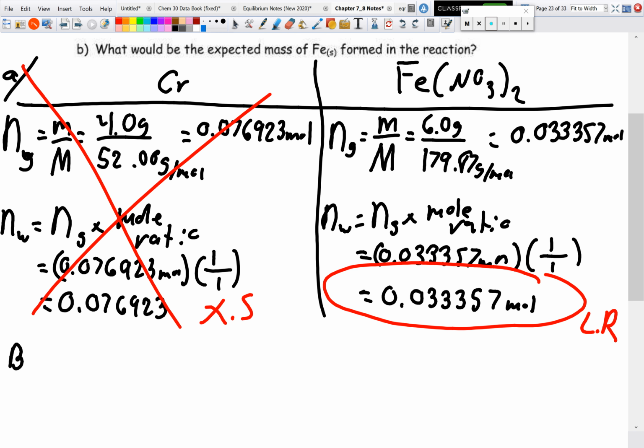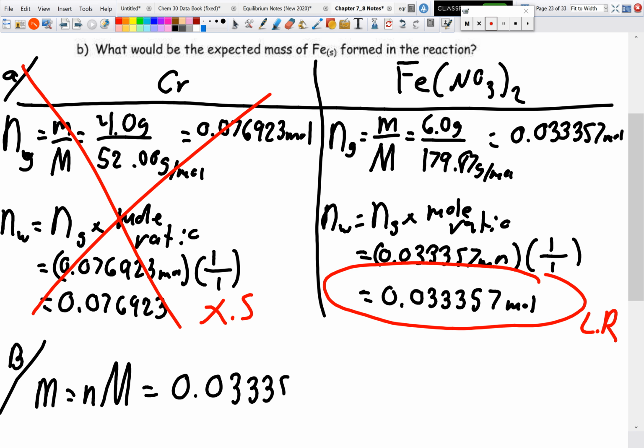So part B, what is the expected mass? Well, mass is equal to number of moles times molar mass. So we take the number of moles of our limiting reagent and multiply by the molar mass of our wanted substance, which is just solid iron, and the molar mass is straight from the periodic table, 55.85 grams per mole.